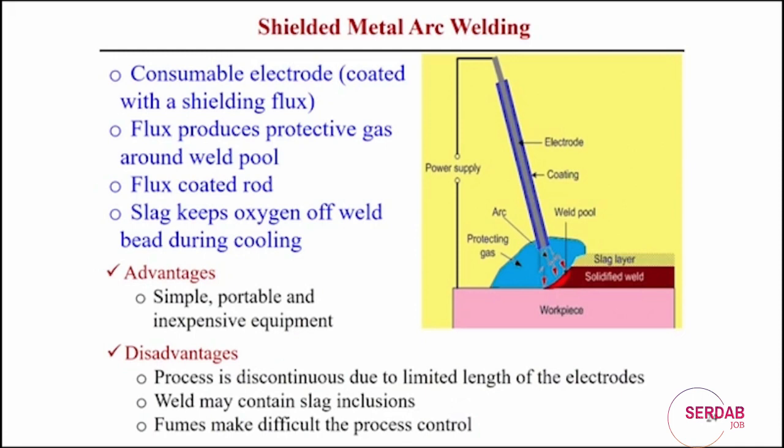Second, the weld metal may contain slag inclusions, because during this high temperature phenomenon, the molten metal may contain some amount of slag material that may remain within this zone. That is another disadvantage.